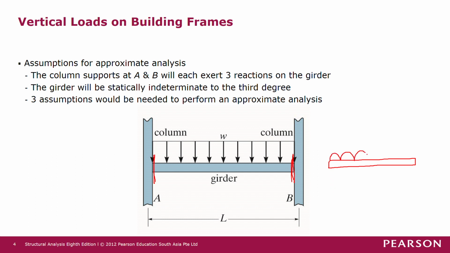The uniform load that is originally on the girder must be there with magnitude of W downward. If we cut across the girder like this, then we're expecting 3 reactions at each of the cut sections, same as for this side of the girder.